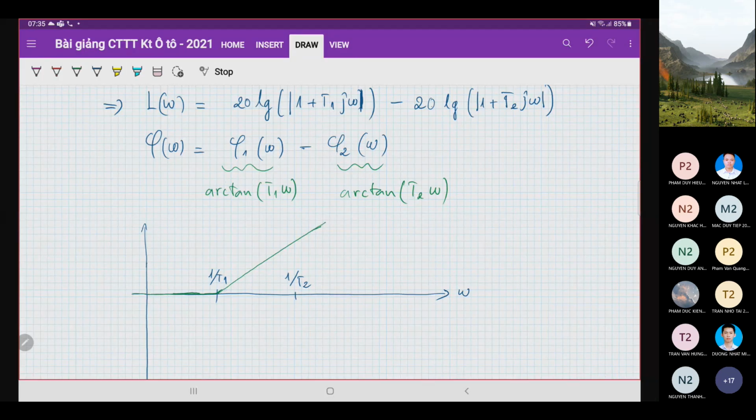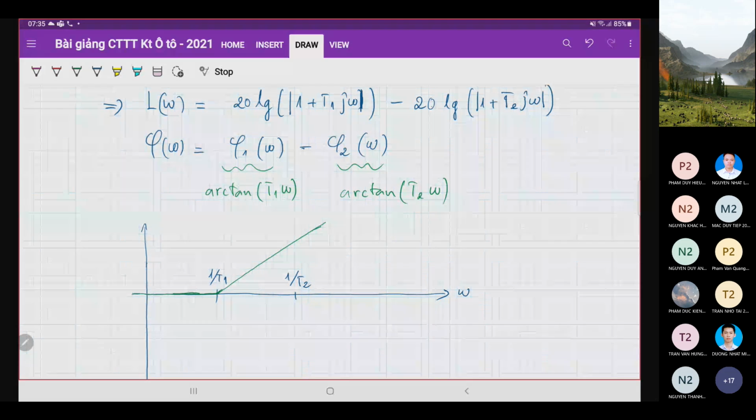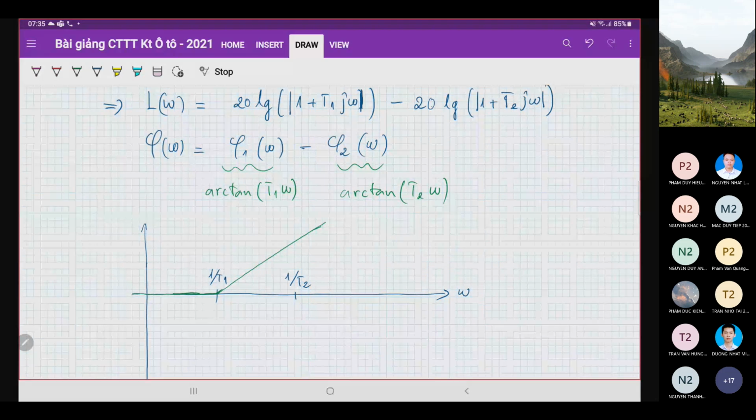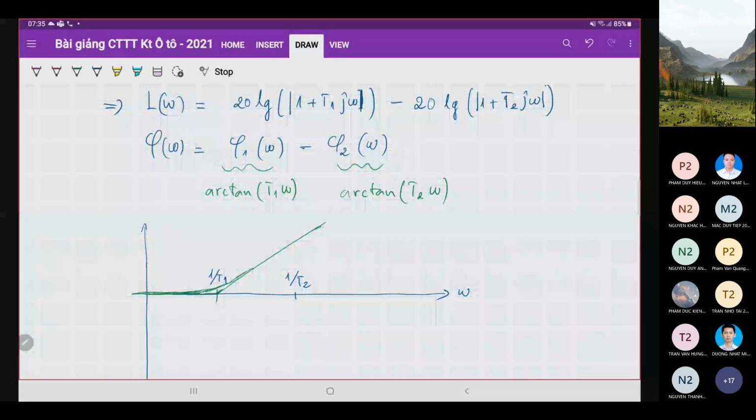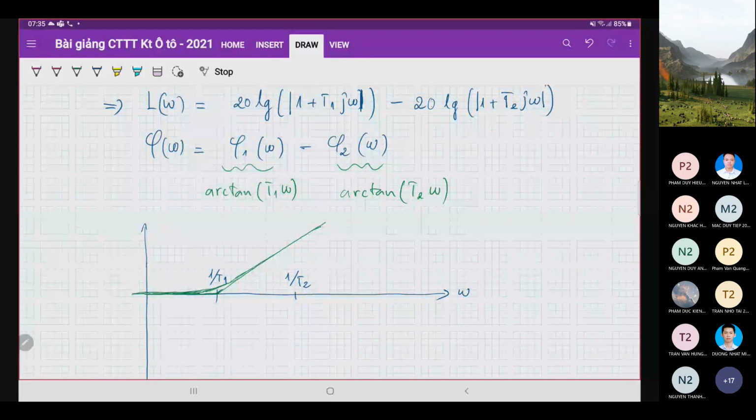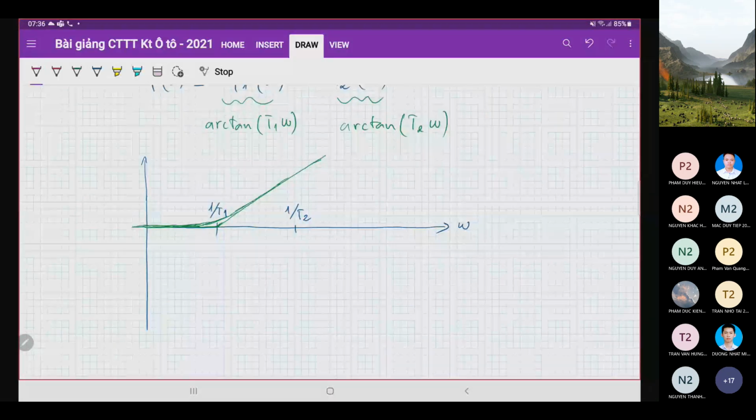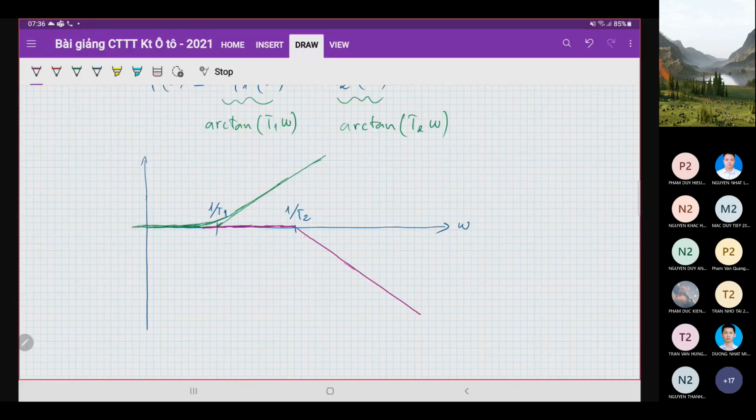And here is the exact curve of this diagram. Then the second one will be the same, with asymptote lines. Here we have this one, and for this one we will have minus 20 dB per decade.